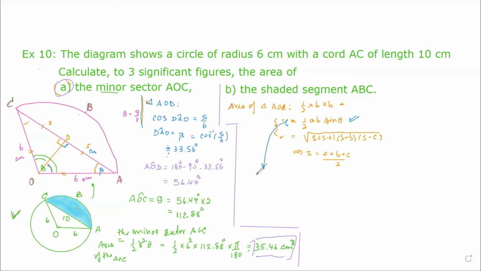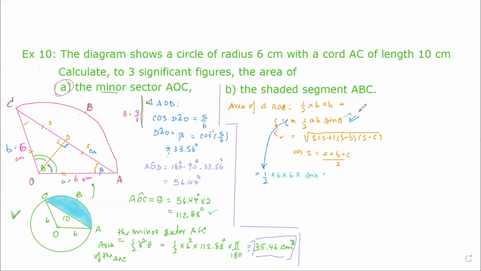So it becomes 1/2 A B, you can treat this one as A and this one as B. This one is number 6. So 1/2 times AB, A is 6, B is 6, times sine theta. Theta we know already from before. But don't forget, theta has to be in degrees in this formula.